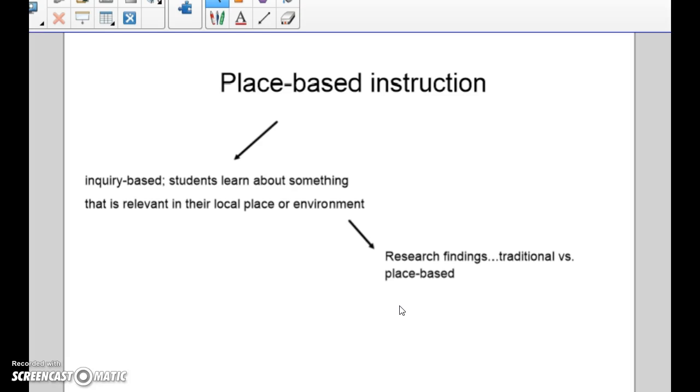So no harm is done by place-based instruction, and a person could probably argue that there was a lot of good done that maybe they weren't able to research or didn't measure. I found it really interesting, though, that when they looked at standardized test scores, they didn't really see a difference. And my personal opinion is that that kind of reinforces the idea that standardized testing is not necessarily a good indicator of what students are learning.